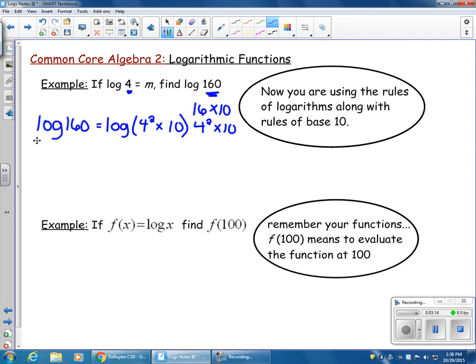Then use your rule that multiplication is addition. And we have log 4 squared plus log 10. Then use your rule of exponents that the 2 comes out in front.